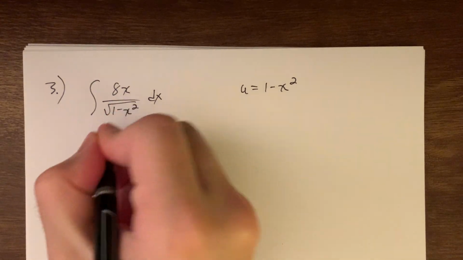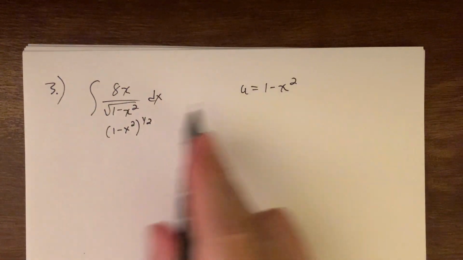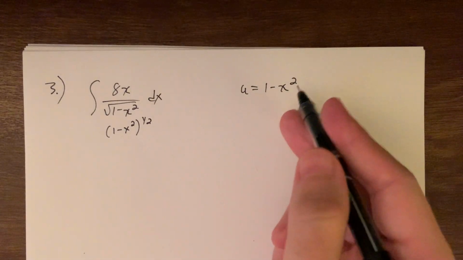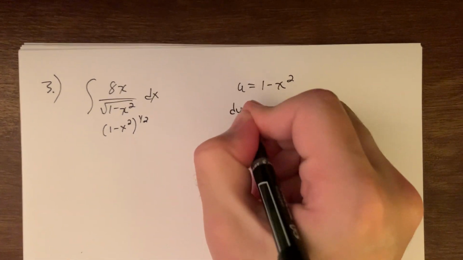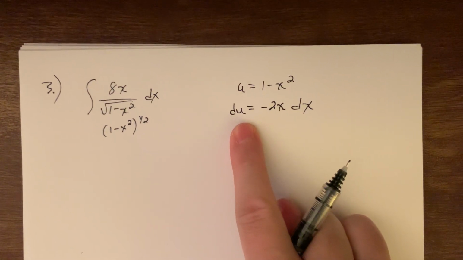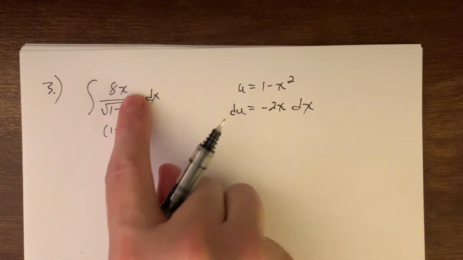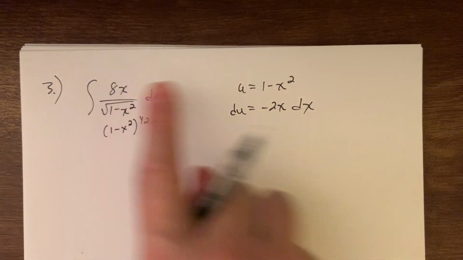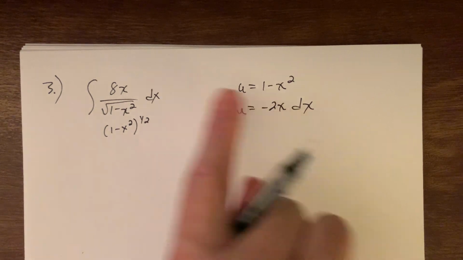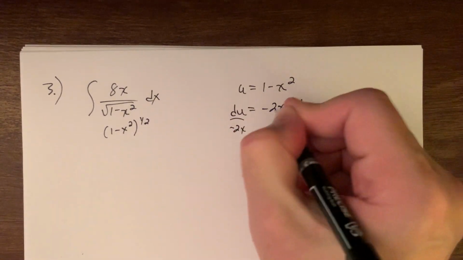That's inside. This is 1 minus x squared to the 1/2 power. So that has that inner outer layer. We'll try U as the inside. If we've been establishing good habits with our derivatives, with the du part, we should feel pretty good about this. That extra x was the problem, and that x from the derivative is what we're hoping will cancel with it. So this makes me feel like this is going to work.